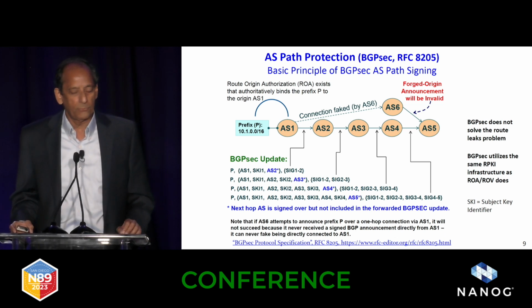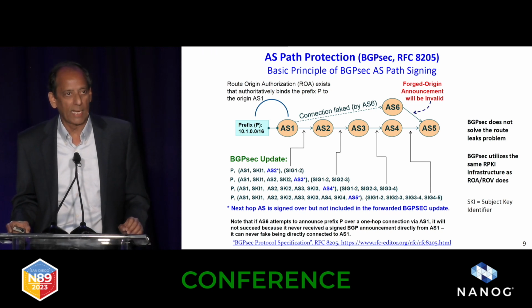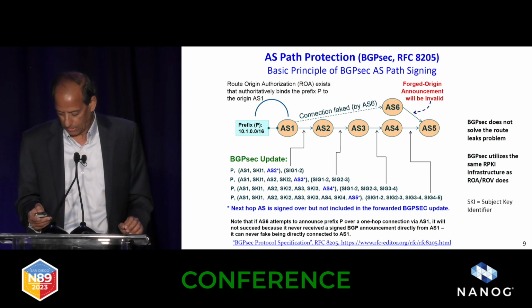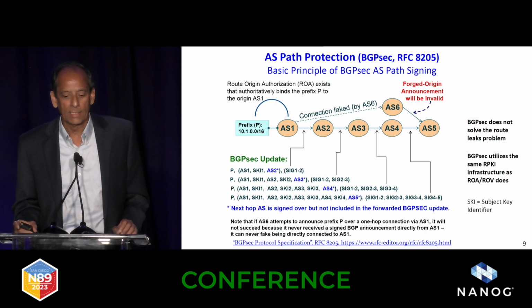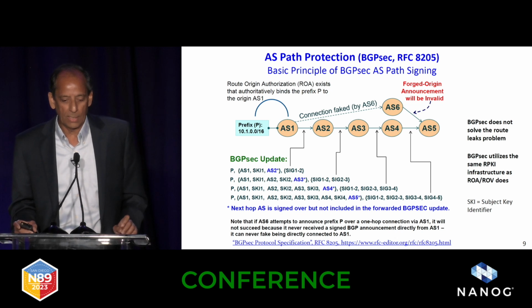But we then have ASPA, which would also provide a solution for that in part, not entirely. I should also mention that BGPsec does not solve the problem of route leaks.